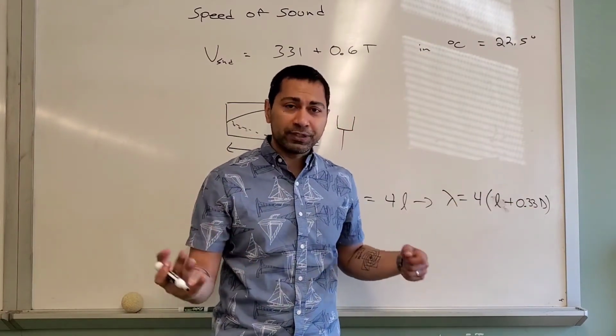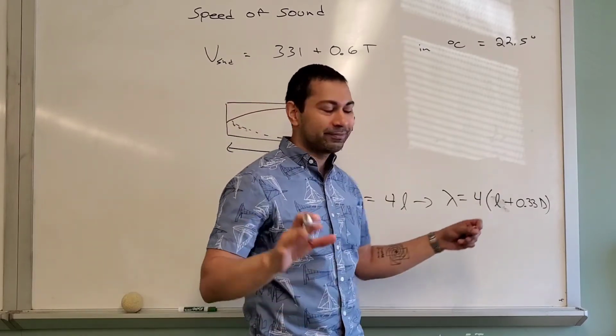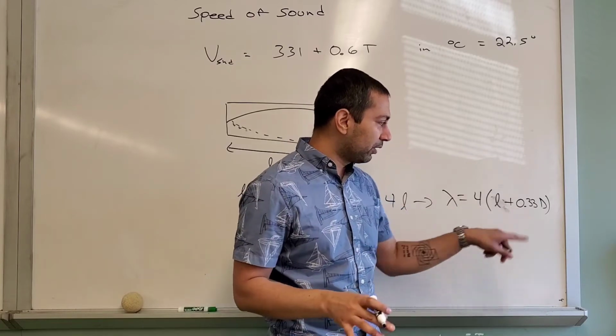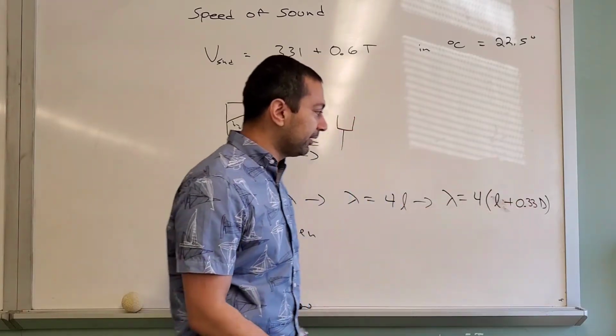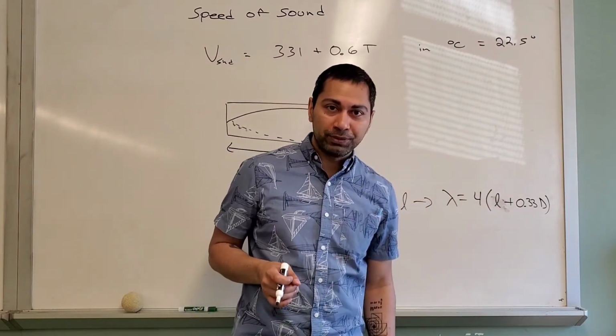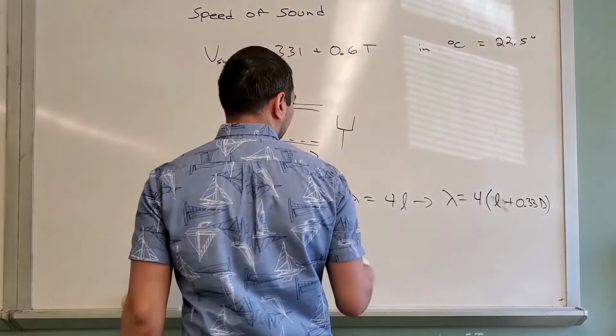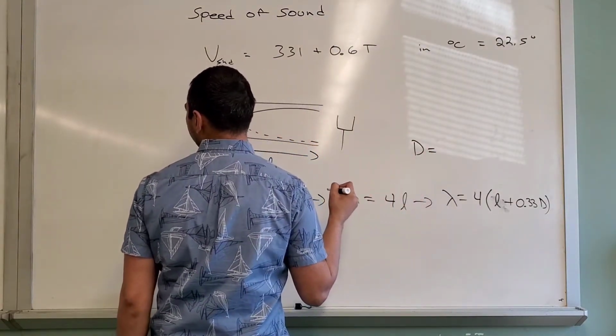You could try 0.3 or 0.4. Sometimes I see it in different notes that it's 0.4, sometimes it's 0.3, so I just put something in between, 0.33. And D is the diameter of the column that we'll be measuring, and I already measured that for you.